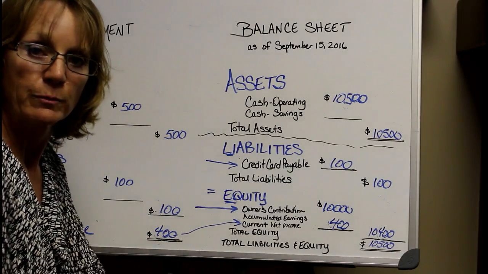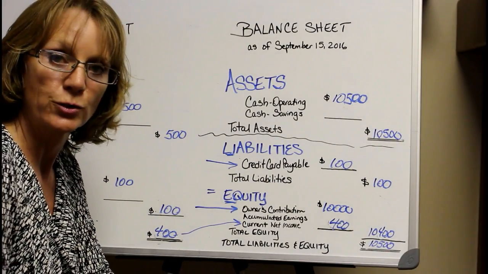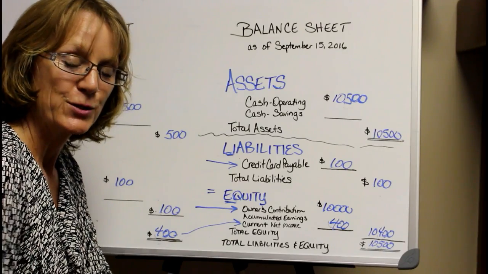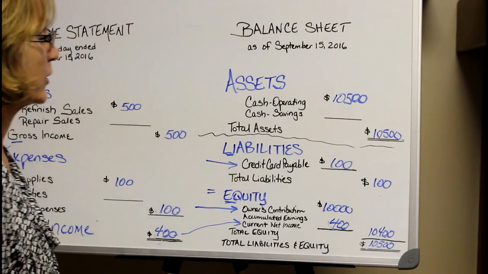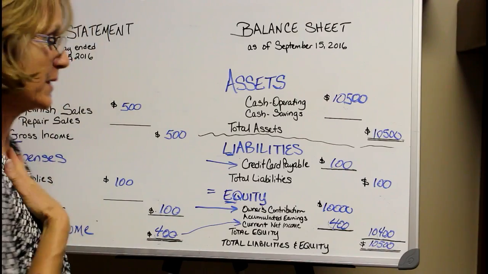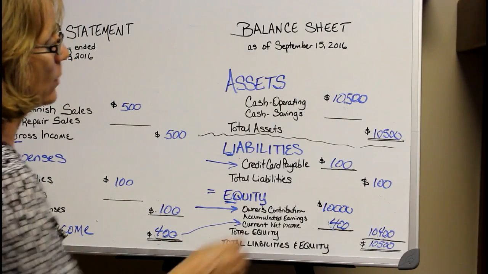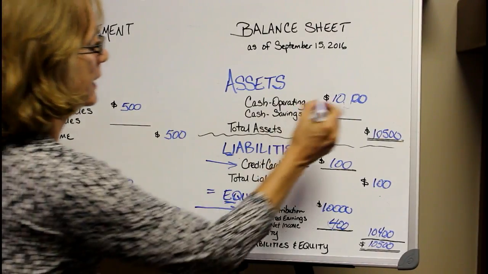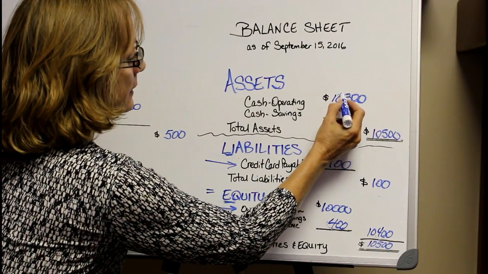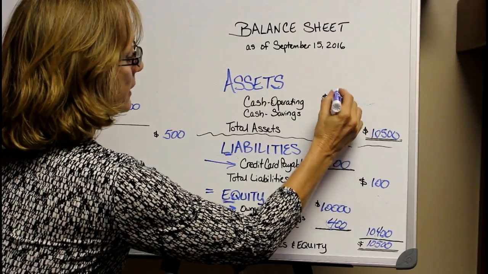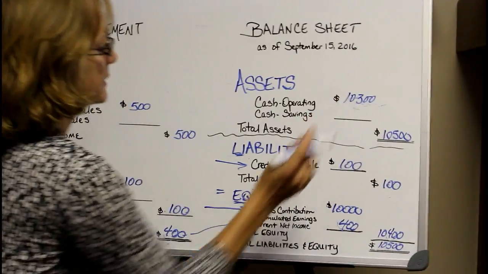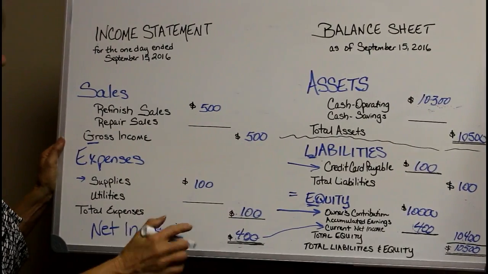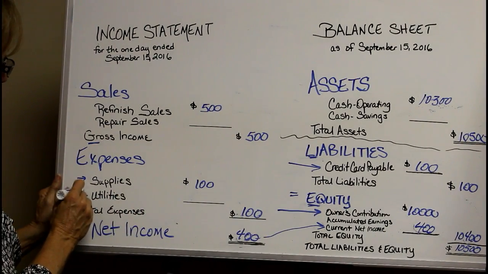Jack received the electric bill and already it's $200 on his first day. So he has to pay that $200 electric bill and he wrote a check for it. Now we know his bank account is going to reduce down to $10,300. The other side of that entry is going to be over here on the income statement in the utilities account.